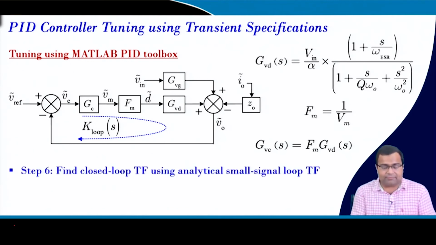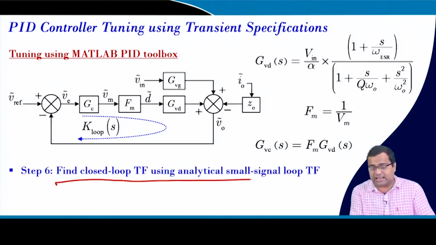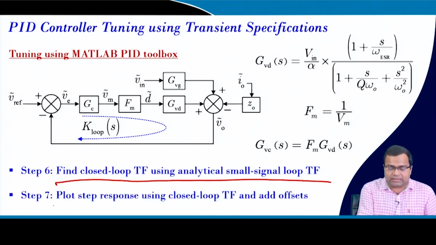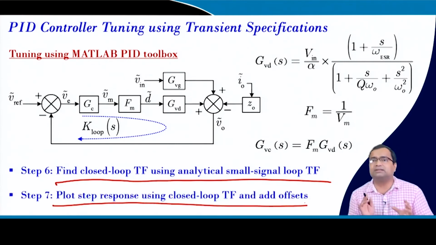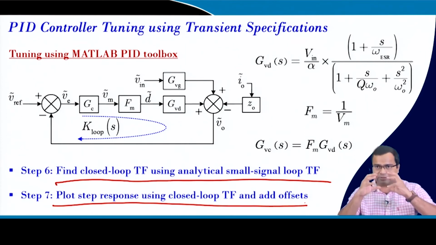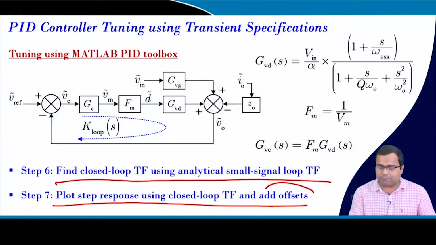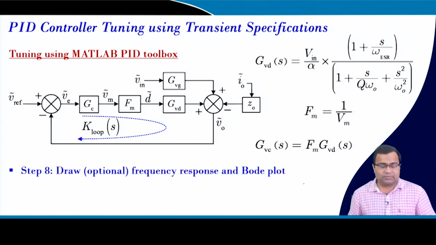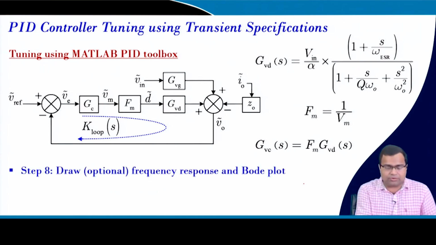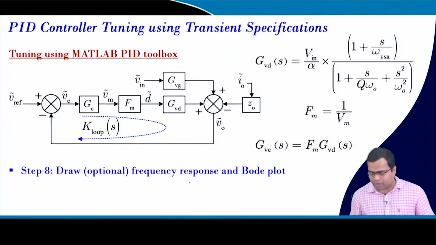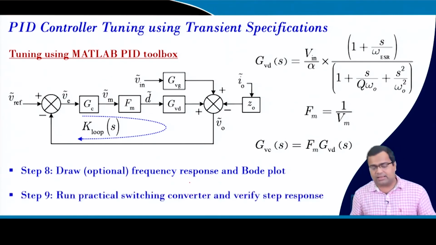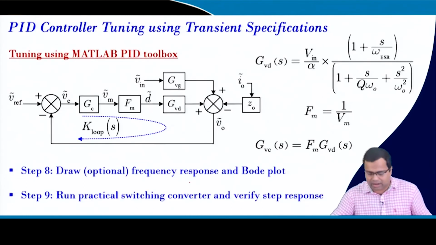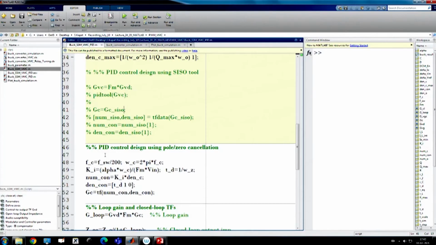Then find the closed loop transfer function using the analytical model loop transfer function, and plot the response. This is an AC response that we know, and we have to add an offset because we want to verify with the actual switch simulation. Then we want to draw the frequency response and the Bode plot, and then run the practical switching converter and verify the response. Okay. So, we now want to go for the actual MATLAB simulation.